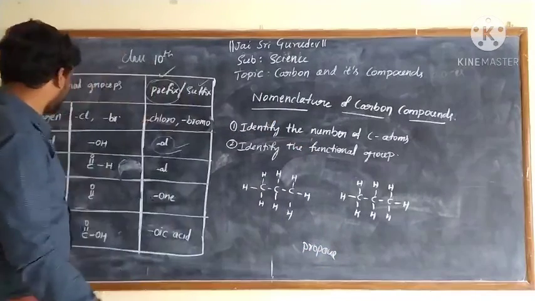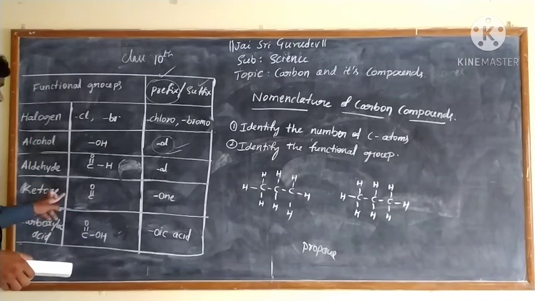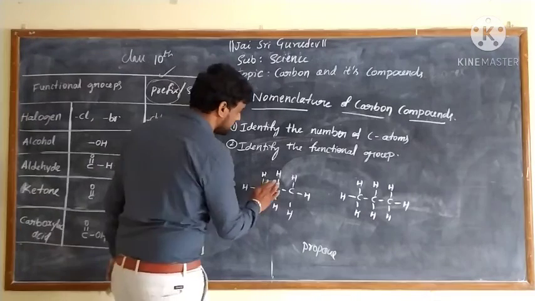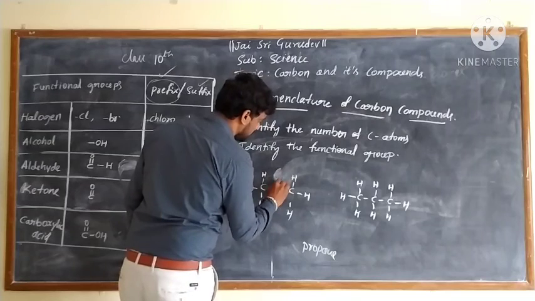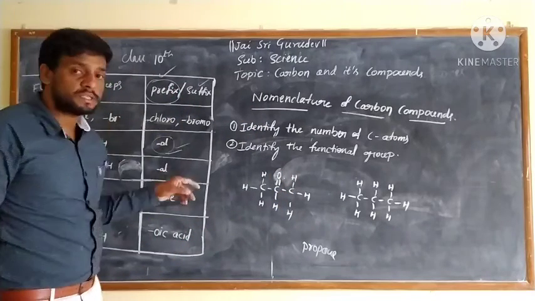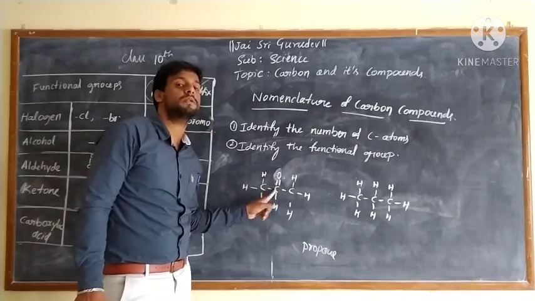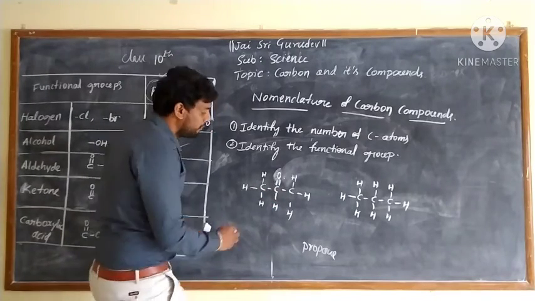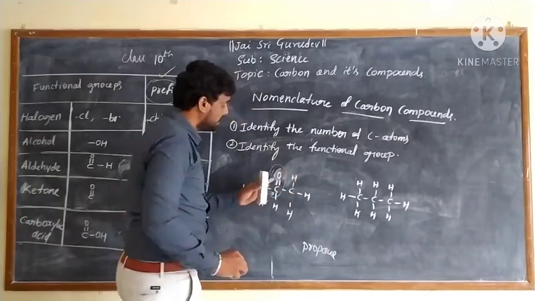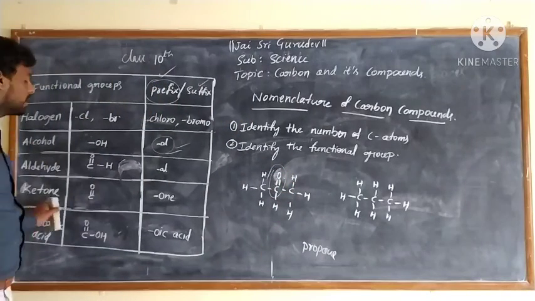Here is the difference, if the first carbon is replaced by the functional group. See the difference: the ketone always replaces a carbon atom in between the carbon chain, in the middle of the carbon chain. So if in the middle C double bond O is there, that will be the functional group of ketone.